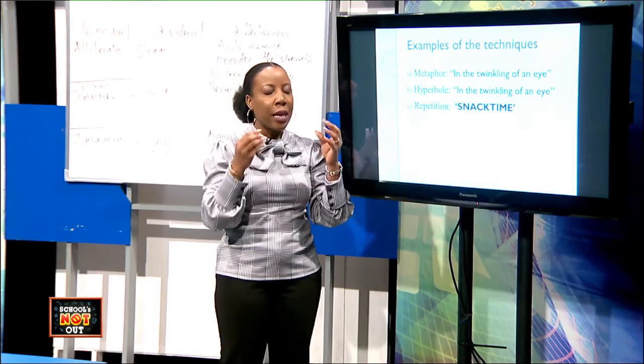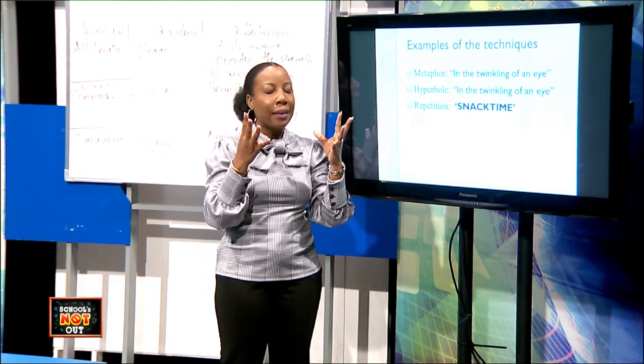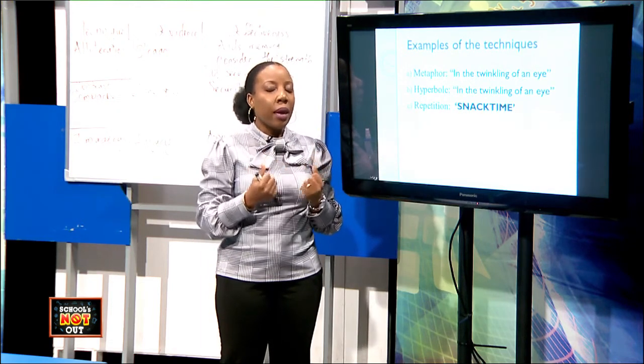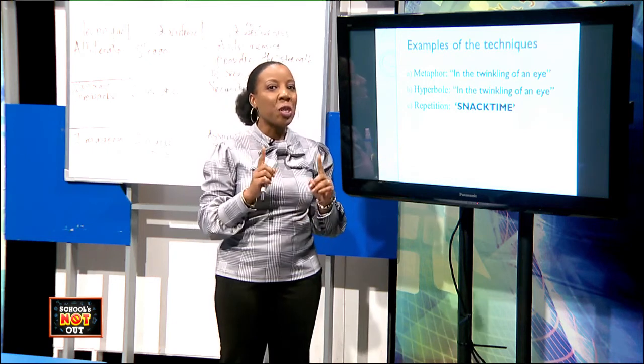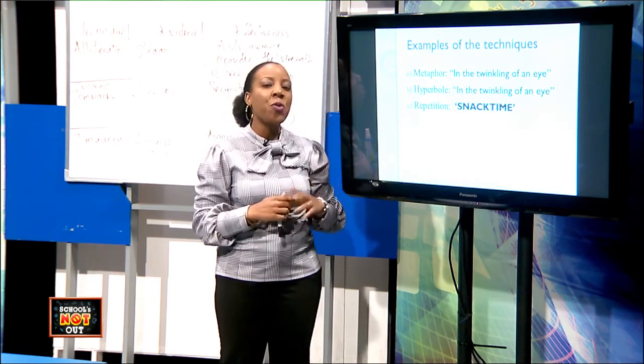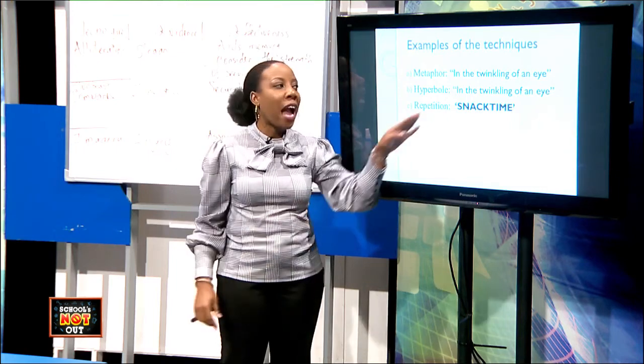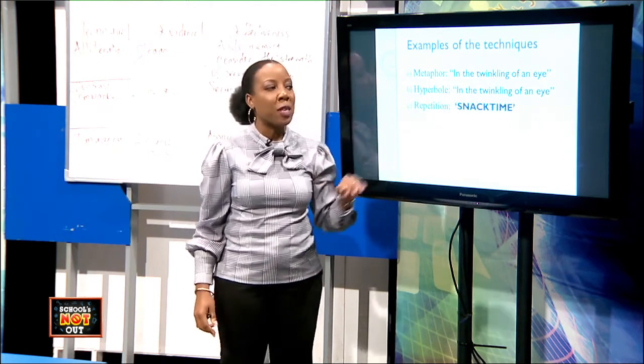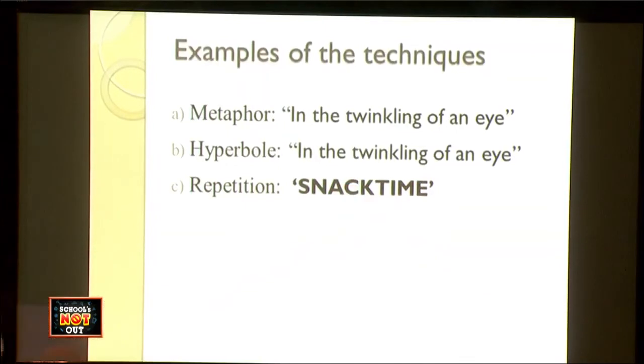All right, the twinkling of an eye, literally, you blink, and the service that is provided at the restaurant. So those two things are being compared. So the characteristics of blinking, meaning the speed at which we do it, is being transferred to the kind of service that they claim to offer at snack time.